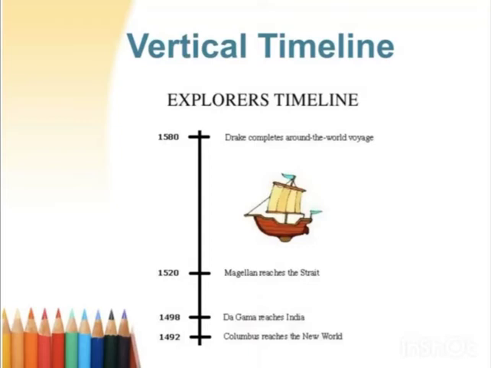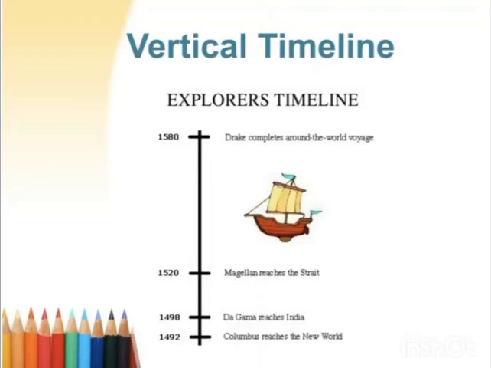You will draw a vertical straight line, and the event that has happened the very first will come at the bottom, and then you will mark the second point, the third point. According to how many events there are, you will divide your line.